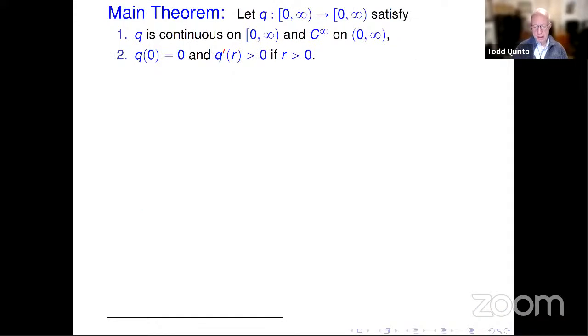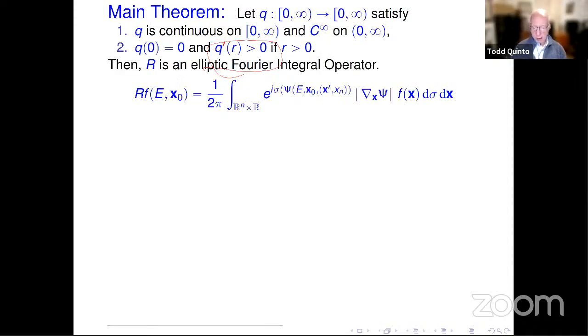Okay, so getting back to our Q, we let Q go from [0, infinity) to [0, infinity), continuous on the closed interval and C infinity on the open interval, starting at 0. And here we have a new condition: Q prime is positive, so the function Q always increases. So our surface doesn't go down and then up, it just goes up all the time. Then R is an elliptic Fourier integral operator.